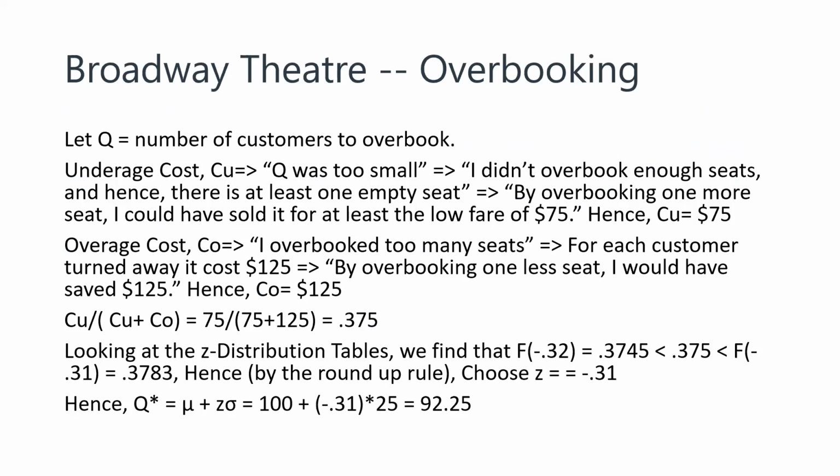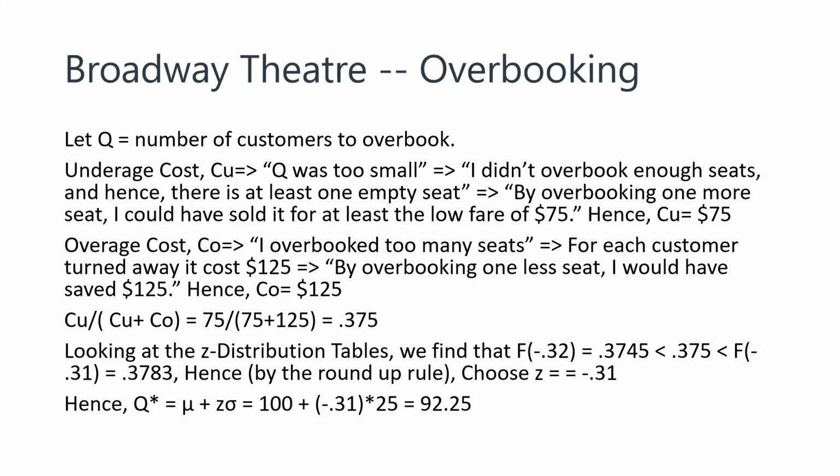If you memorize it, Cu is the low fare. But the logic behind Cu being equal to the low fare is: I didn't overbook enough seats, and hence there is at least one empty seat. By overbooking one more seat, I could have sold it for at least the low fare of $75. Overage cost is the penalty for each customer bumped. So it's $125 for each customer turned away.